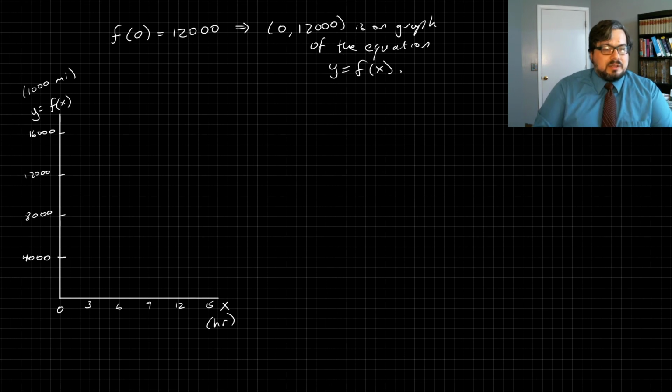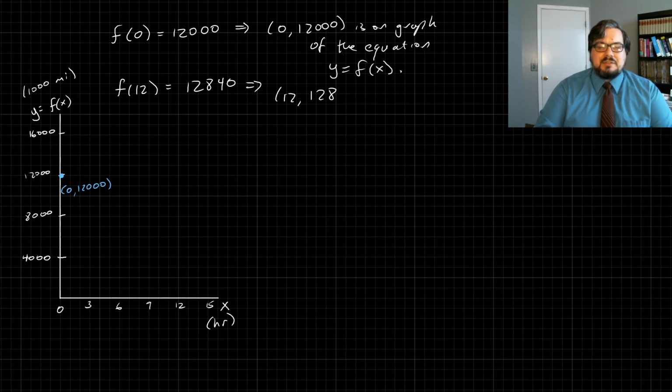So one of the points on my graph is here at (0, 12,000). And then I also know that f of 12 equals 12,840, and that tells me that (12, 12,840) is on the graph.